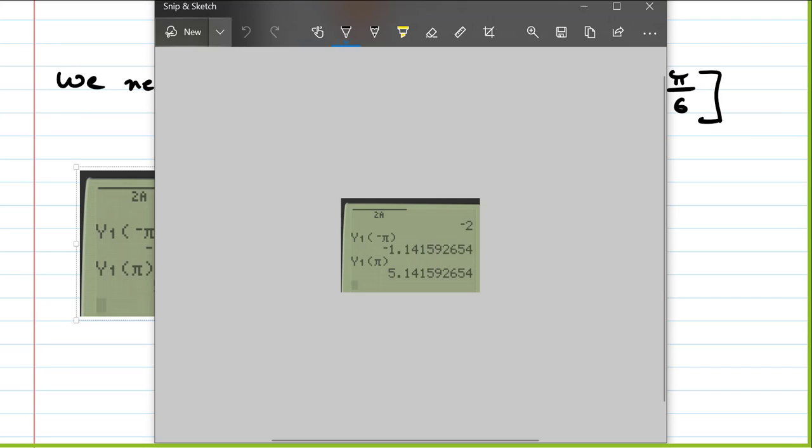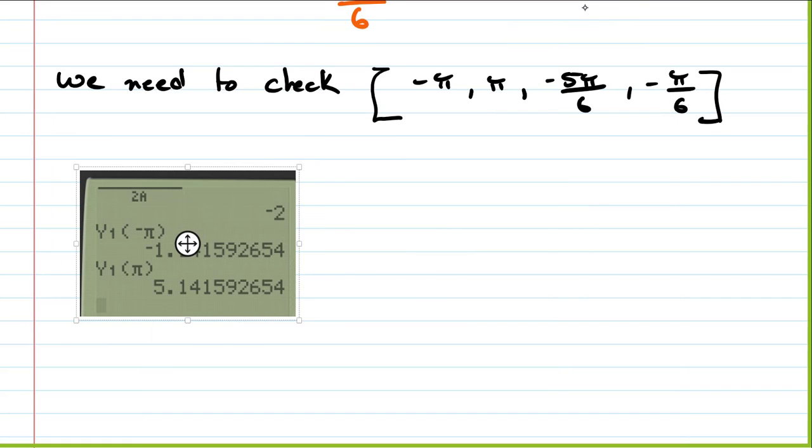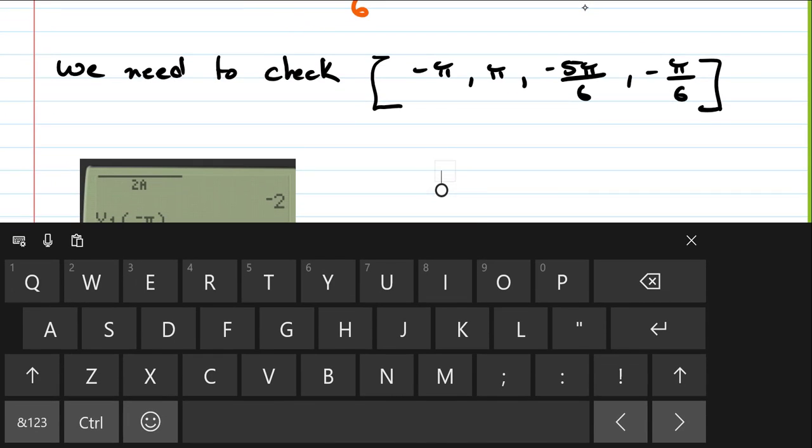So we look at our list of numbers that we have, and we're going to select our largest and our smallest value.